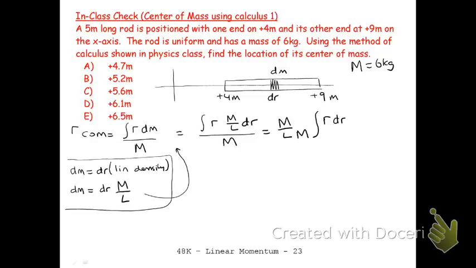Cancel out, so my RCOM is equal to 1 over L, the integral of R dr, which equals 1 over L R squared over 2. Now I've got to put in my limits.